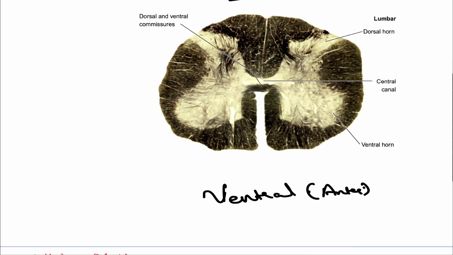The next thing you have to know is there is an area of gray matter which is H-shaped, which is the horn of the spinal cord, and on the sides you have got the white matter, which is known as the columns or funiculus. Okay, so this is through which the tracts go. The horn is where you have the cell bodies, and in the white matter you have got the fibers through which the fibers go.